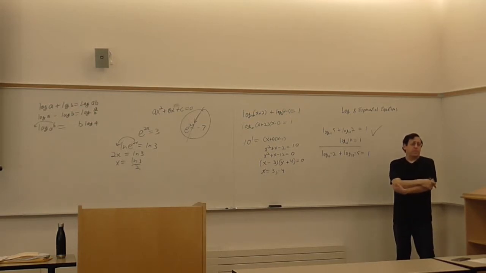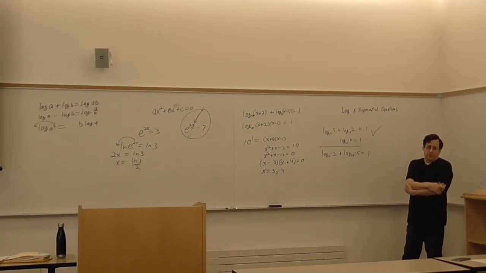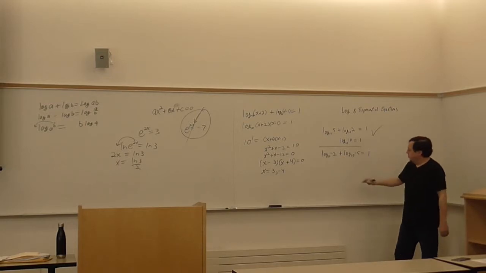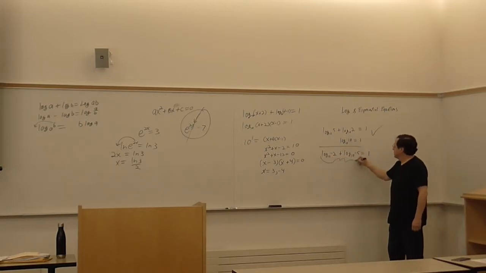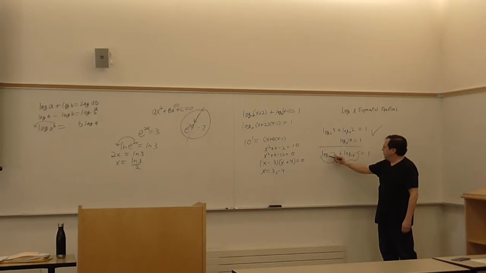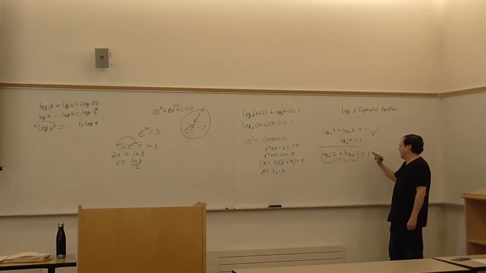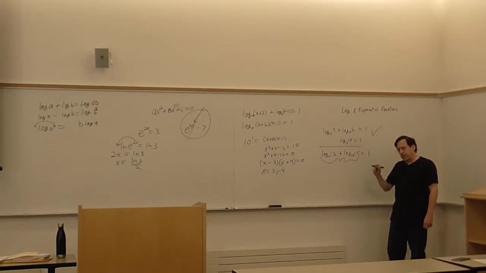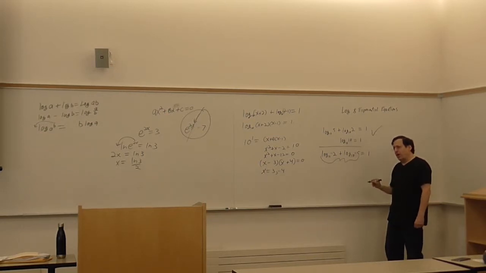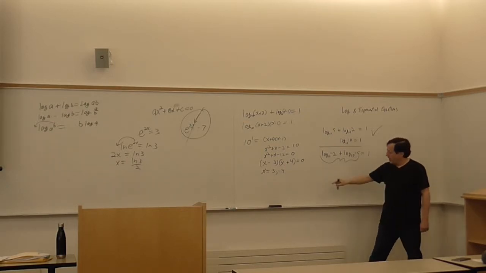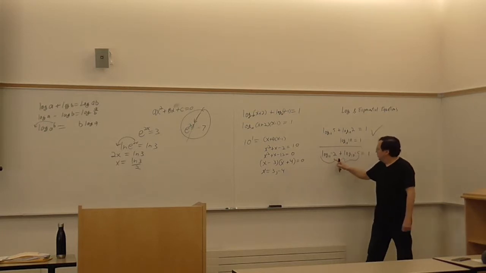Now, you might be tempted to apply the law of logs here: log to the base 10 of minus 2 plus log to the base 10 of minus 5. Log to the base 10 of minus 2 times minus 5? That's 10, that's 1. Well, that's why this worked out.